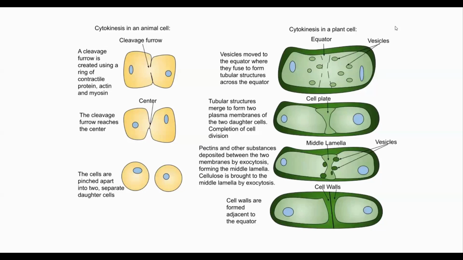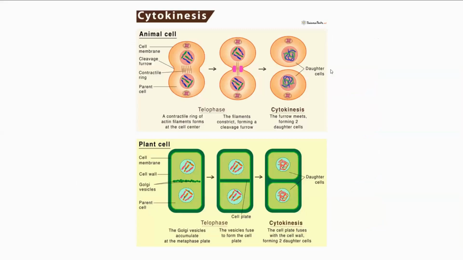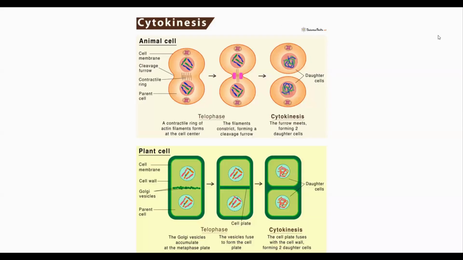In plants, the middle lamella forms between the two new cell walls, acting as a sticky layer to hold the daughter cells together. Also, it's fascinating to note that in some fungi and protists, mitosis occurs within the nucleus, and cytokinesis is the process that separates the daughter nuclei.